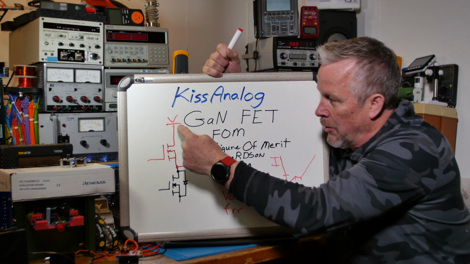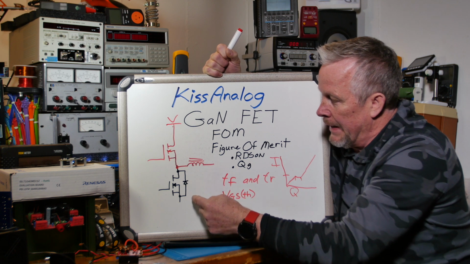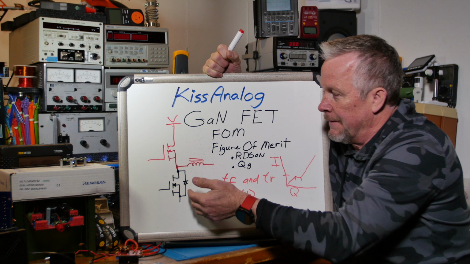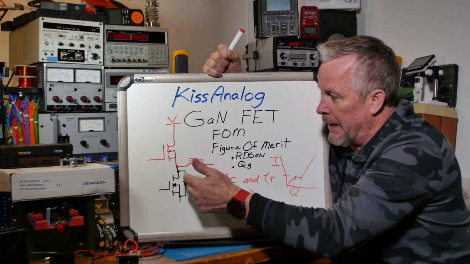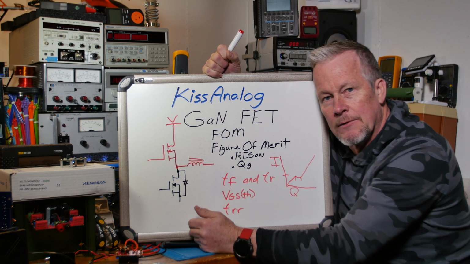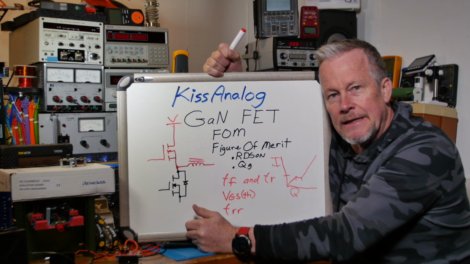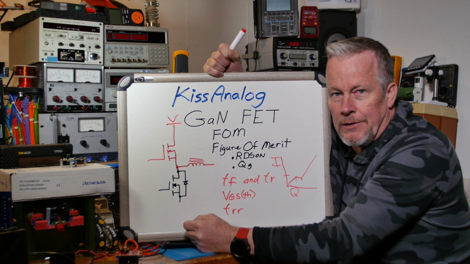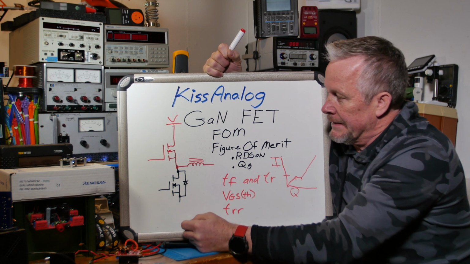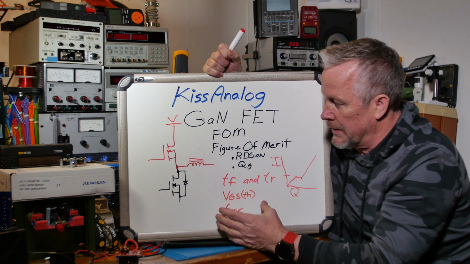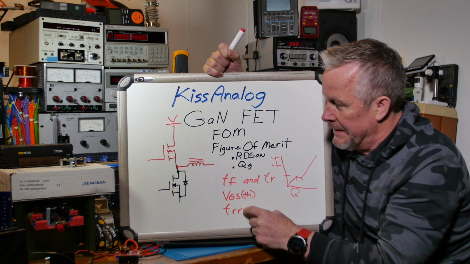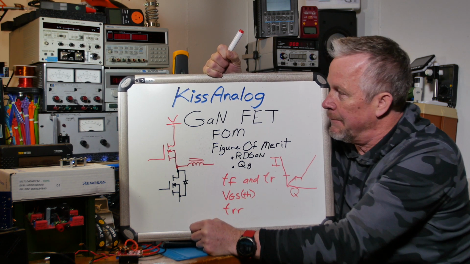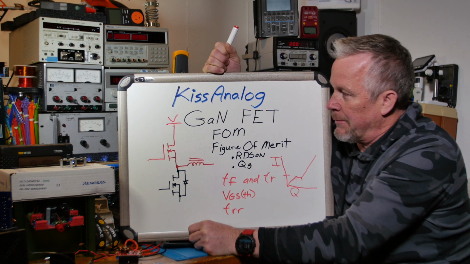But for a moment you get a little bit of shoot through, and that's reverse recovery. Then when this guy turns off, now all the current's going this way. So you get a little bit of dissipation in that transistor because of that diode having to turn itself off. So that's a parameter. When you look at a MOSFET in the data sheet, down under the body diode, you'll see this reverse recovery time as one of the parameters.